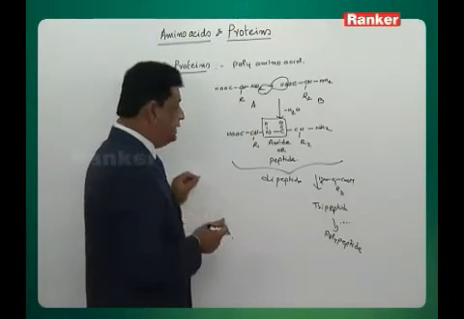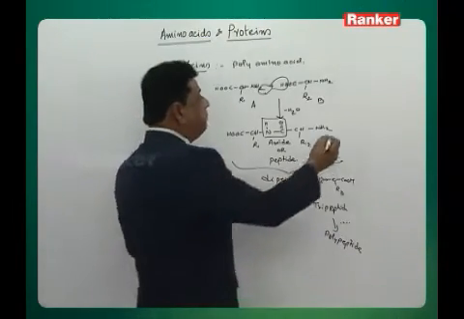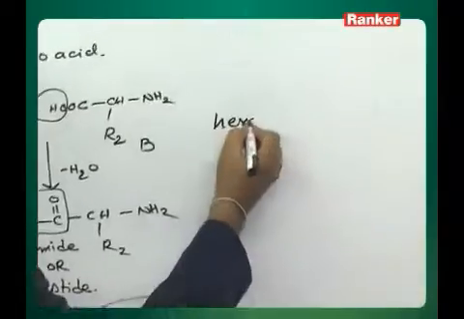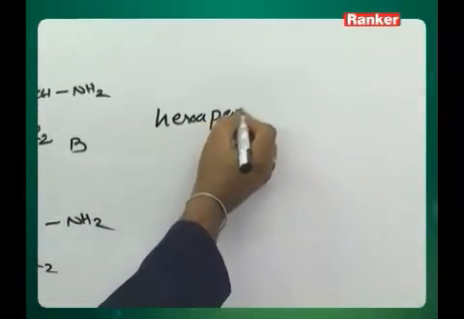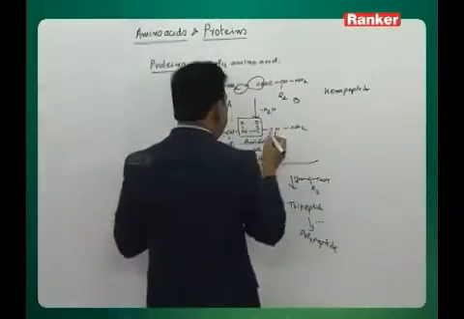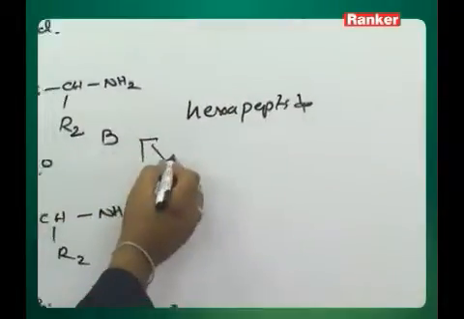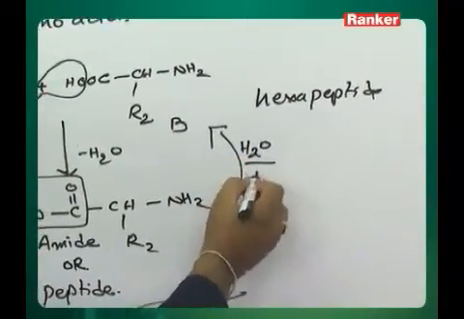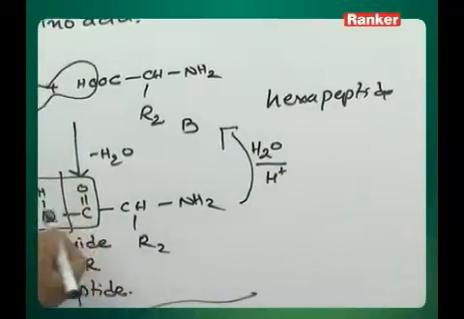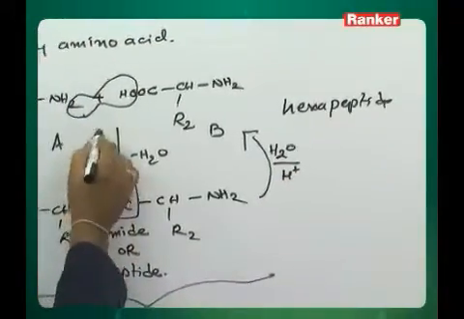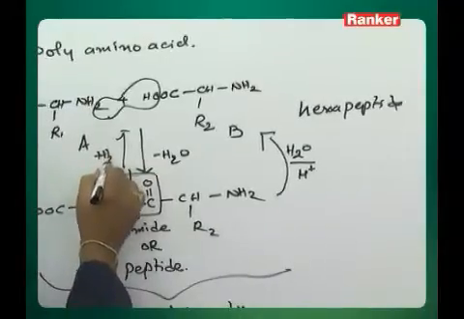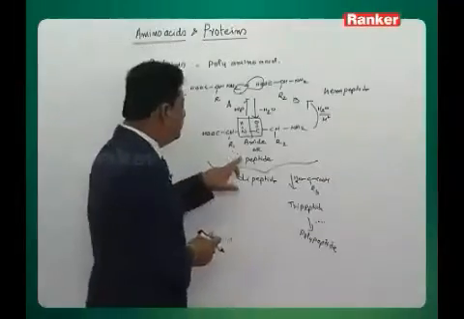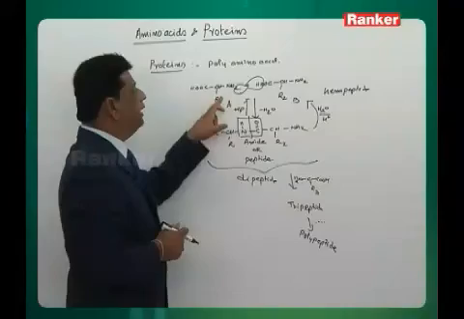If you hydrolyze a pentapeptide or a hexapeptide, let us say a hexapeptide is taken, the peptide bond can be hydrolyzed by adding water in the presence of an acidic medium. So, one water, H and OH, is added, the reverse reaction, and that gives back the amino acids. So, each peptide bond to hydrolyze requires one water.